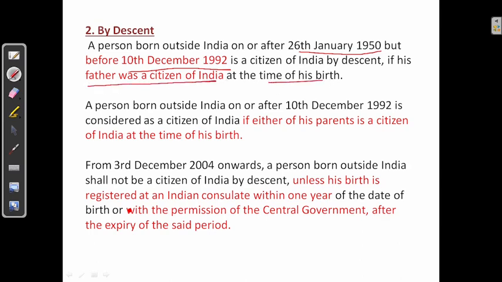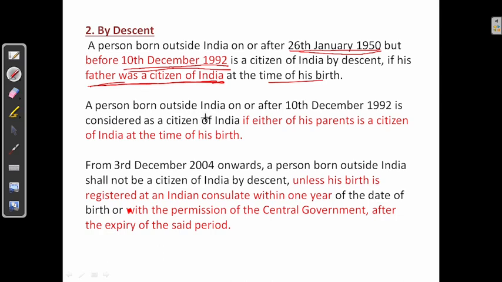See, here it is talking about the father of the person. Okay, a person born outside India after 26th Jan 1950 and before 10th December 1992 will get the citizenship of India by descent if his father was a citizen of India.